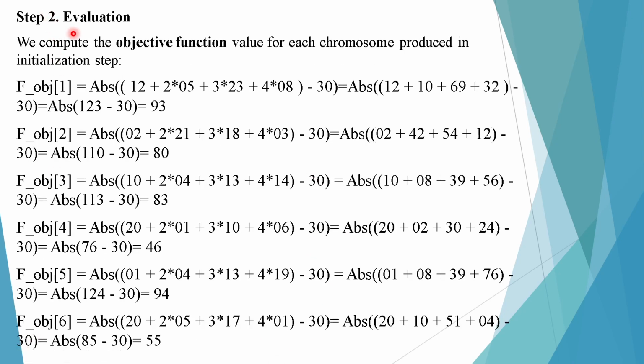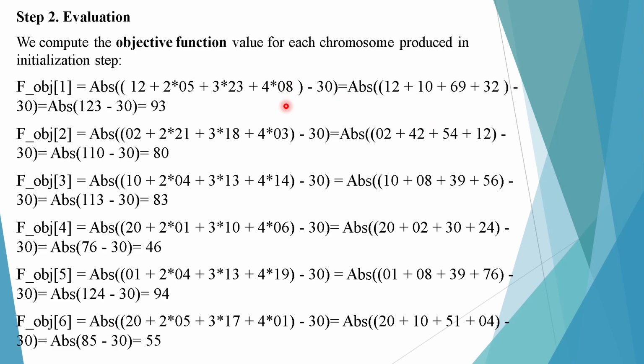After that, step 2, we do the evaluation of the objective function, which is to minimize the absolute value of A plus 2B plus 3C plus 4D minus 30.